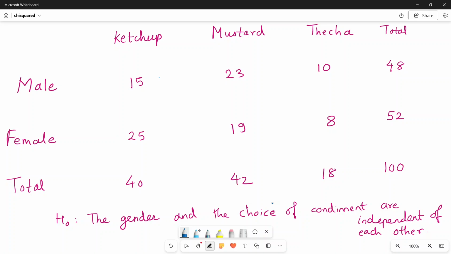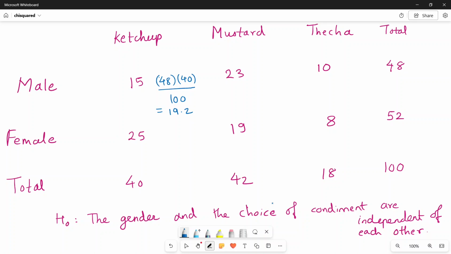So in this case, the expected value will be, if you remember, row total into column total divided by the total. If you calculate, this comes out to be 19.2.